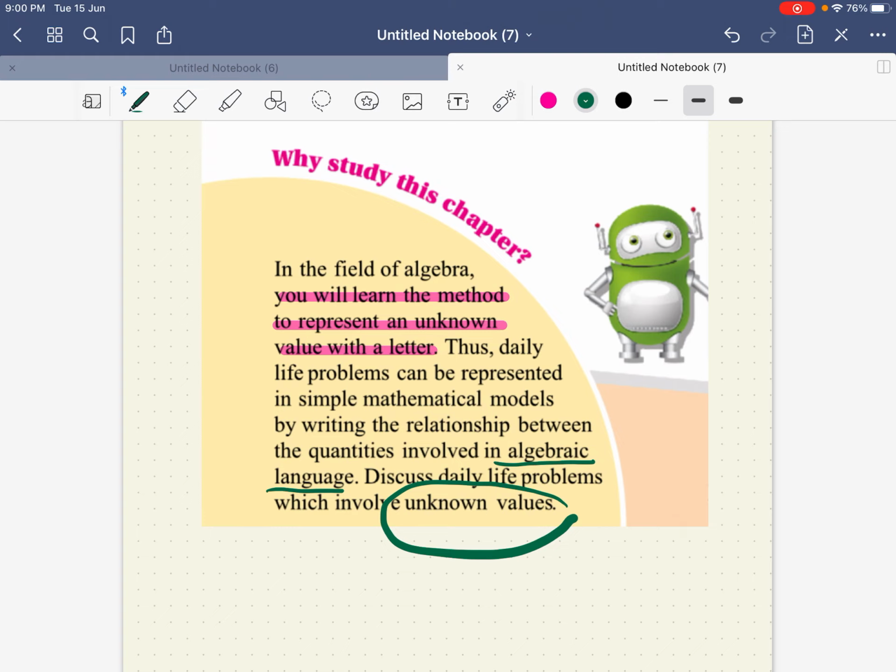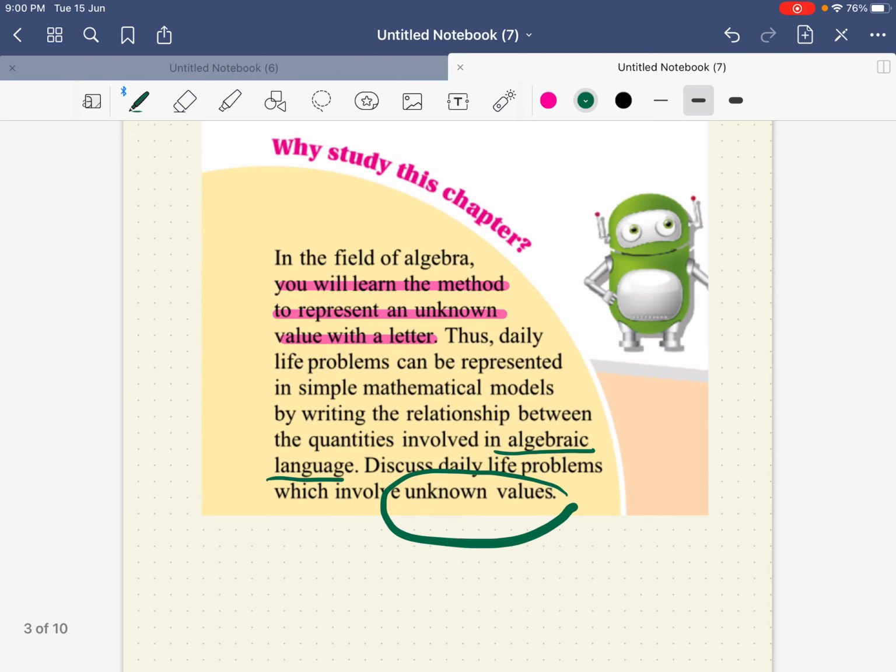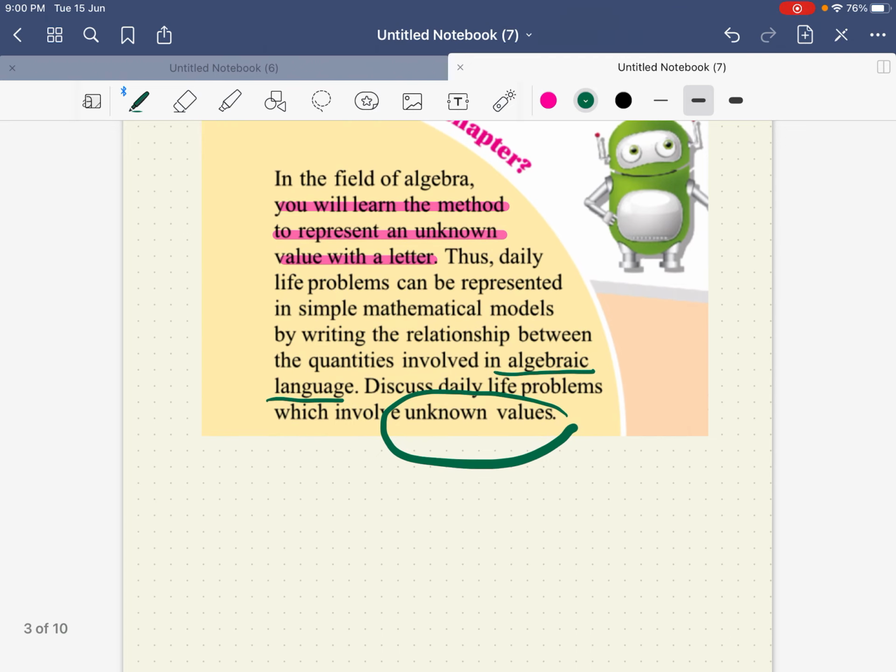This is the concept, the concept of algebra. Unknown values. We don't know a certain value. Therefore, we don't know the value. We will represent it by using a letter, or alphabets.